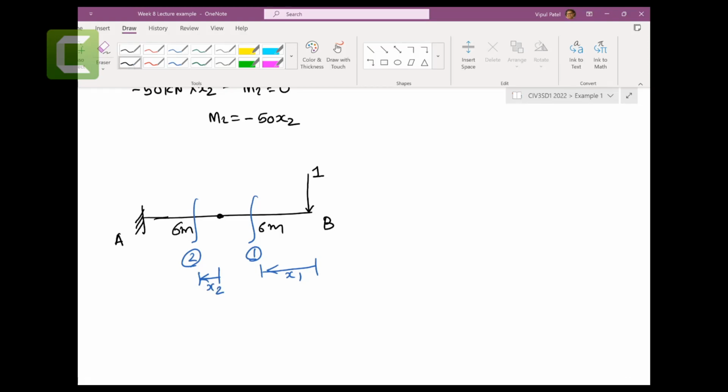Now let's do this. Here is cut number 1, x1 and small m1. Sum of the moment at cut equal to 0, anti-clockwise positive.